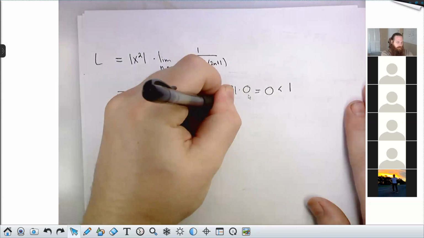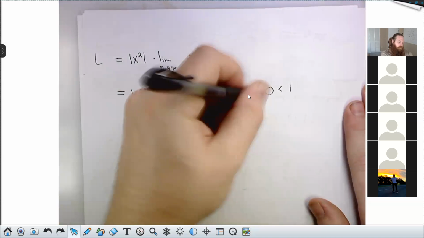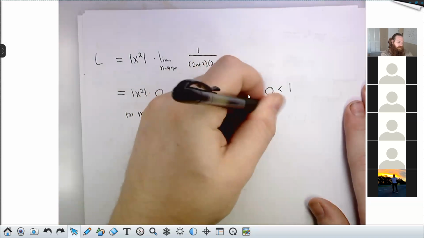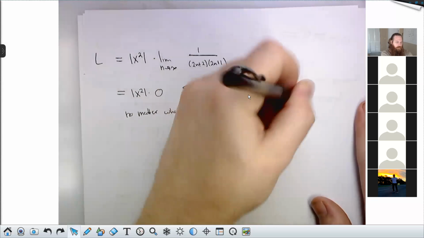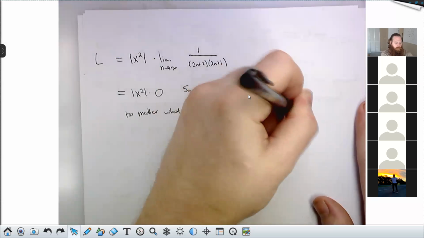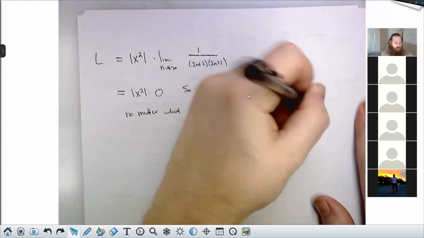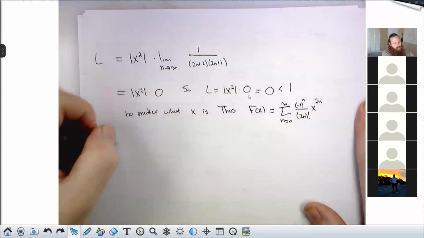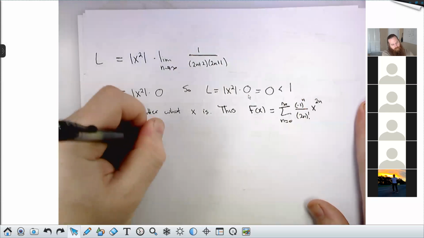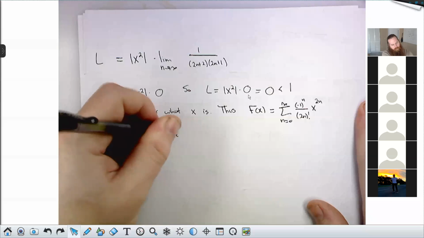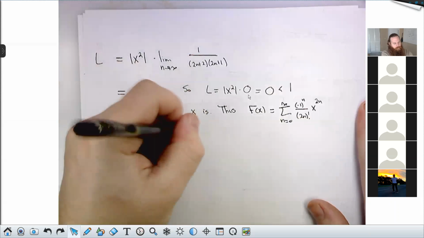This tells us my series f of x equals sigma n from 0 to infinity -1 to the n over 2n factorial times x to the 2n converges absolutely for all real numbers x.